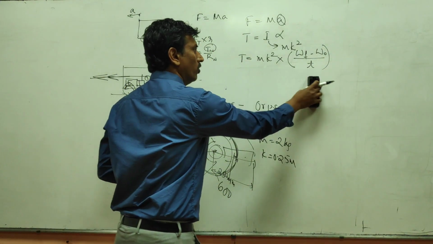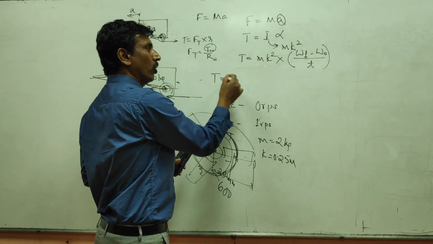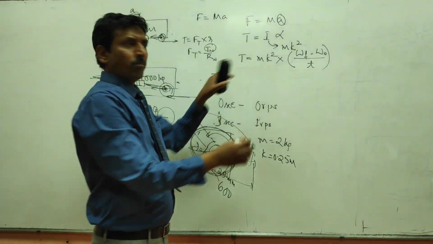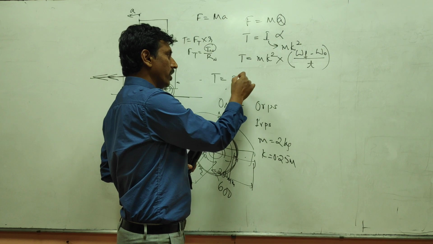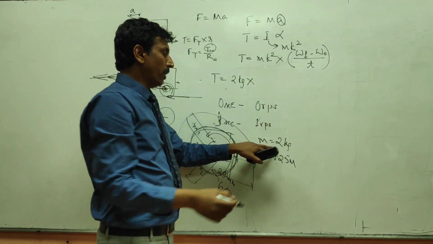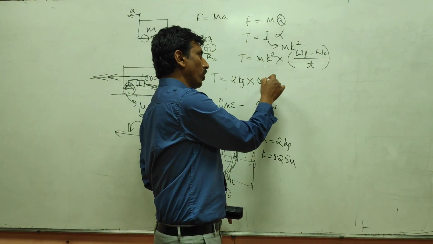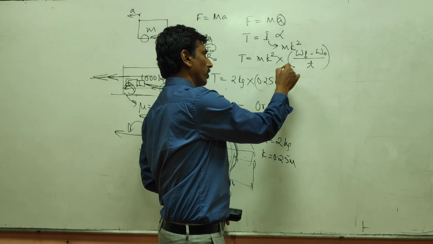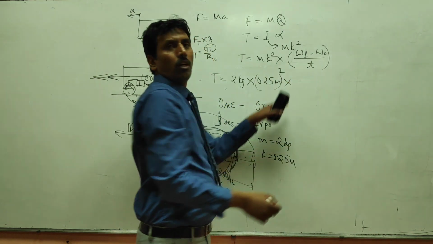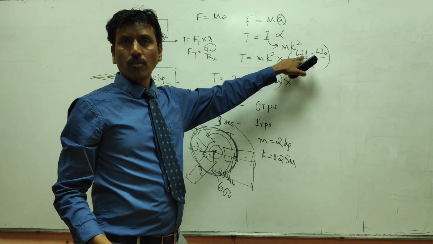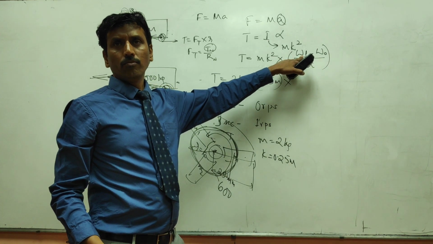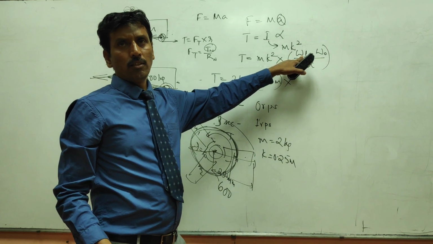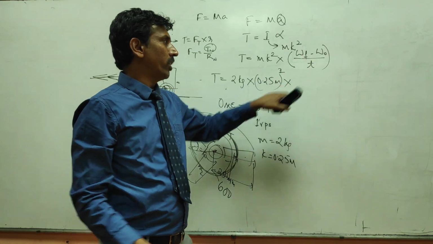Now T is equal to m, which is 2 kgs, multiplied by k, which is 0.25 meters, multiplied by omega final. Omega final is 2 pi n divided by 60, divided by 3 seconds.